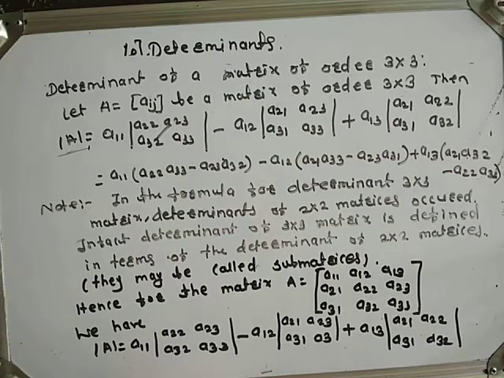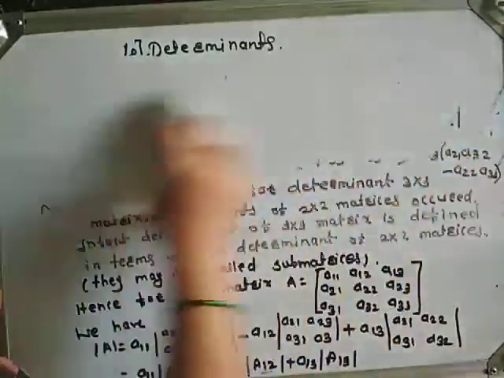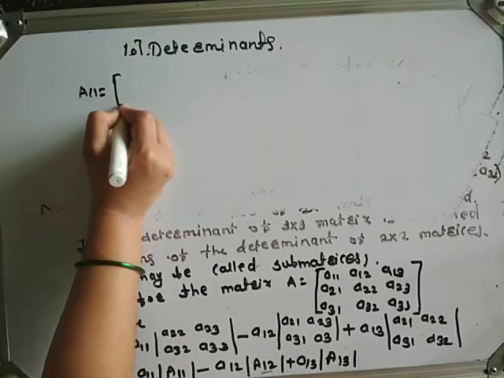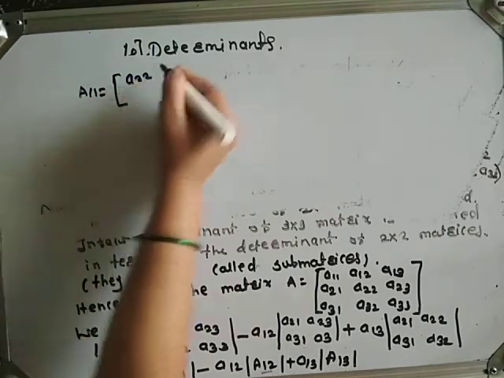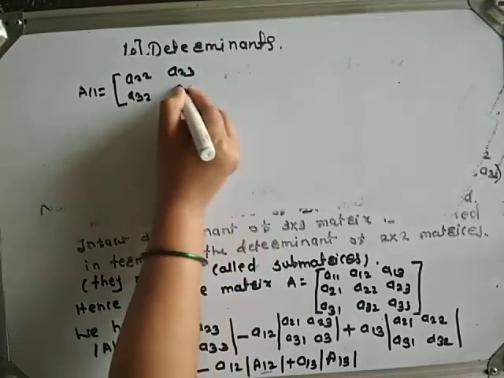This can be written as A11 into determinant of capital A11, minus A12 into determinant of capital A12, plus A13 into determinant of capital A13, where capital A11 is nothing but matrix A22, A23, A32, A33.